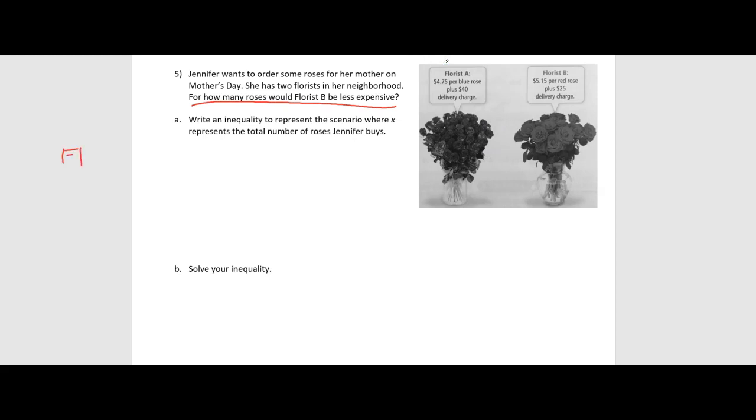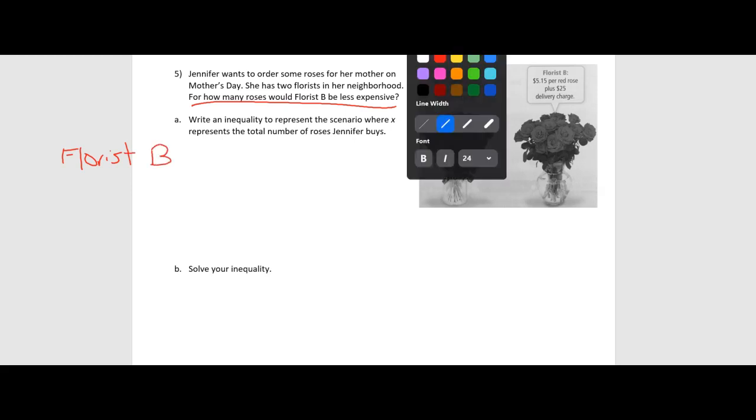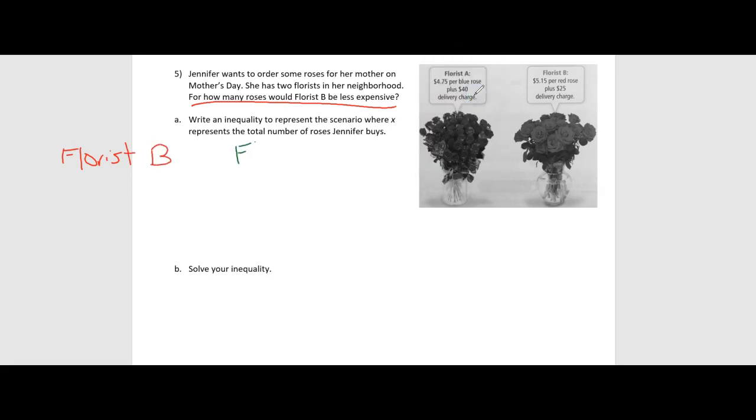So we have florist B and we have florist A. And if we want florist B to be less expensive, well, that means florist B's cost should be less than the cost of florist A. So now we need to just come up with some algebraic expressions for the costs of florist B and florist A so we can get rid of the word expressions that we currently have.